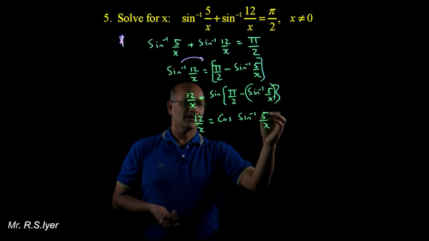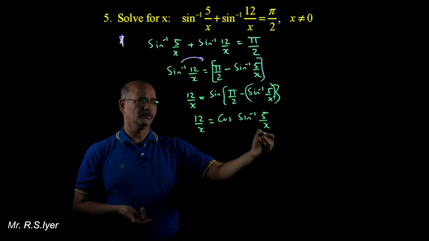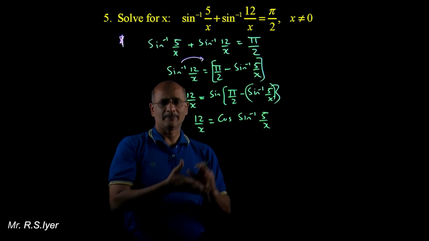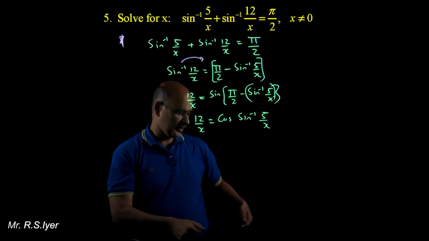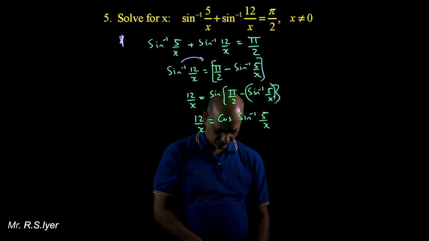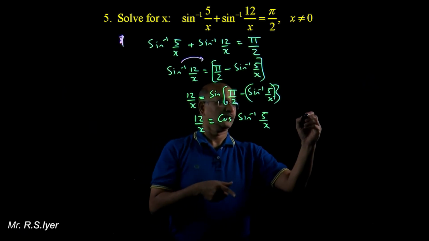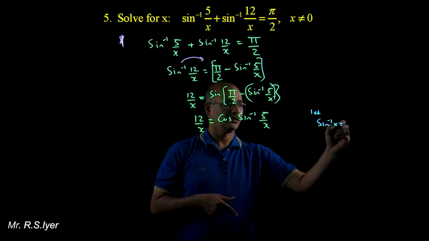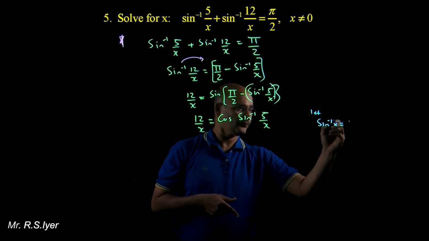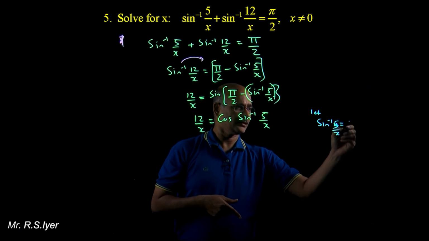Now there is no issue. Why? Because now I can use a right angle triangle and try to make it compatible. How? Everybody knows. Let sine inverse 5 by x be theta.